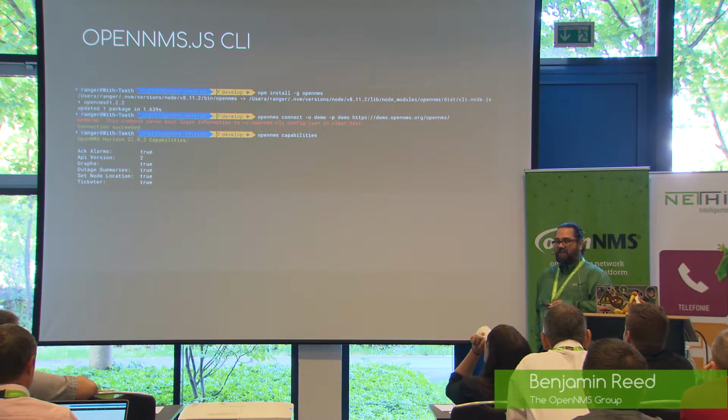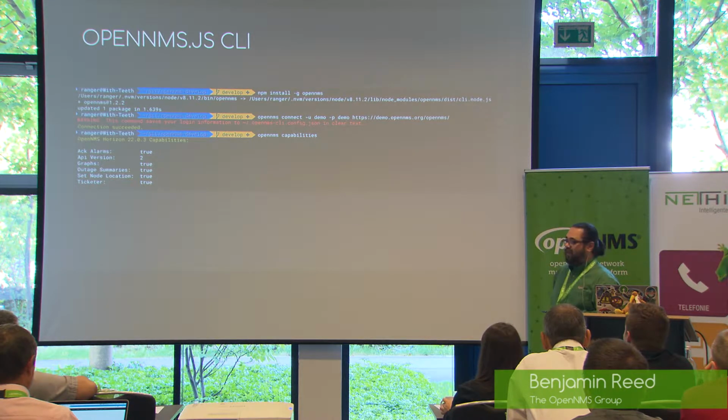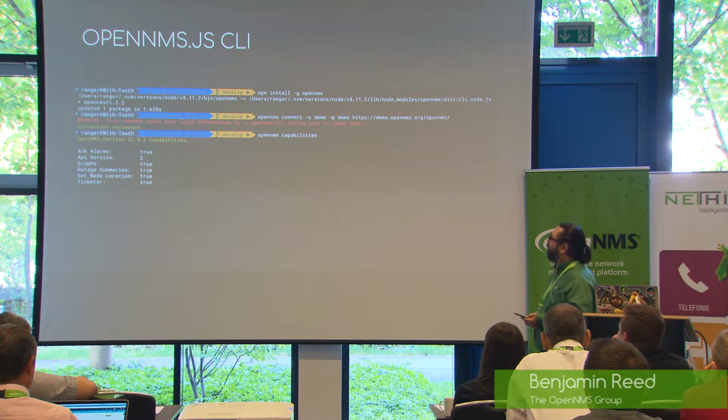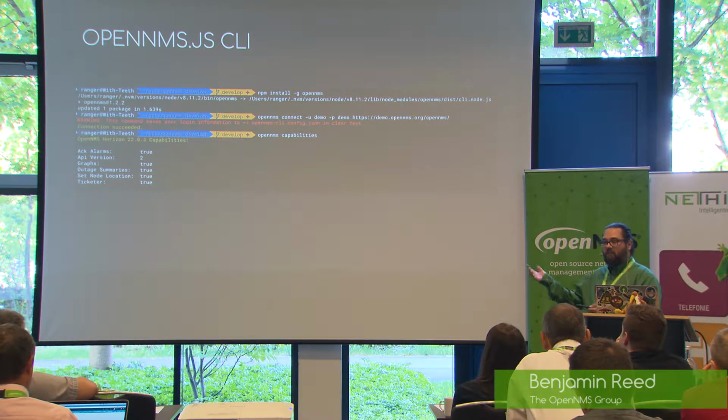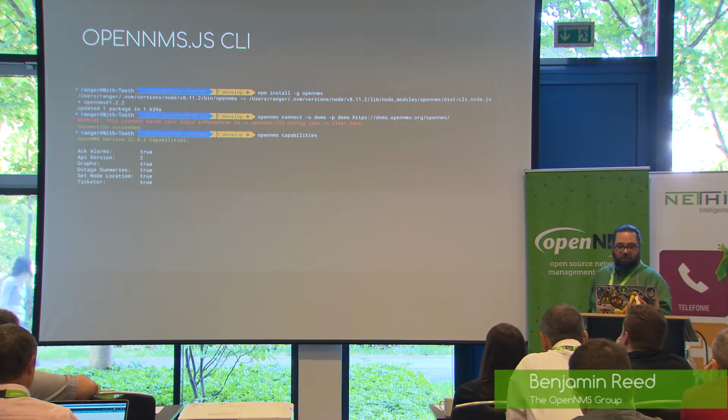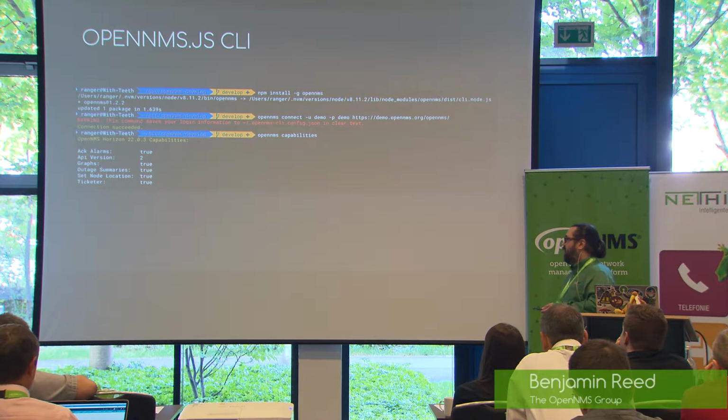I haven't implemented a nice little encryption thingy for on disk yet, so be careful that you're not giving away secrets in your home directory. But then you can run the OpenNMS tool and ask the server what its capabilities are, and it'll say, oh, this version supports ack-ing alarms, it supports REST API version 2, it supports graphs and outage summaries and things like that.